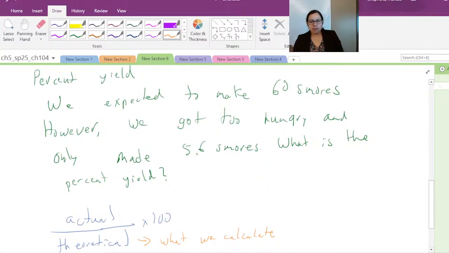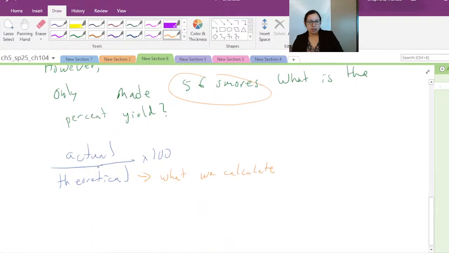In this case, this is our actual. So after spilling it on the balance or whatever happens in lab, we accidentally threw half of it down the drain, and now I only have this much product. That's what we actually have. And then we want to compare it to the 100% yield. That's what the theoretical means: if we could get 100% recovery, everything was perfect, how did it go?